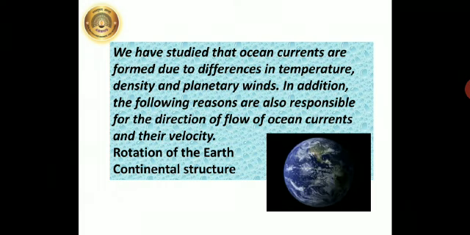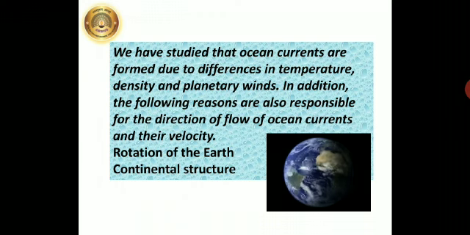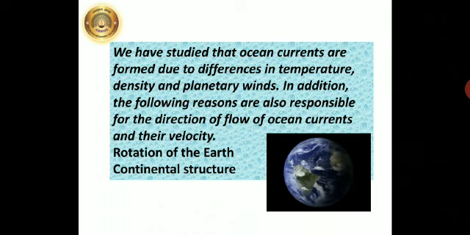These two reasons are the rotation of the earth and the continental structure. As the earth rotates, the currents are formed, as well as due to the continental structure where the land emerges into water. Due to the continental structure, also the currents move and they change their directions.